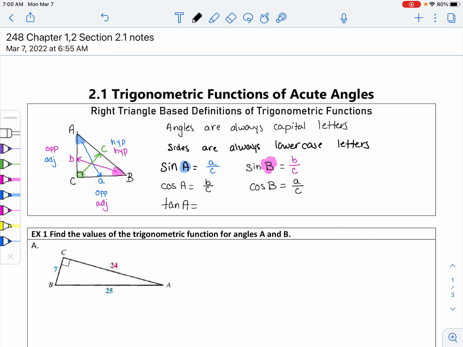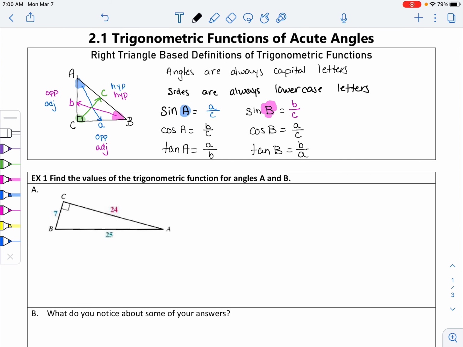From angle A, the opposite side is side A, and the adjacent side is side B, where tangent from angle B, again opposite over adjacent, would be side B over side A. So please just be very careful about which angle you're working from and pay attention to what's going to be the opposite and the adjacent.